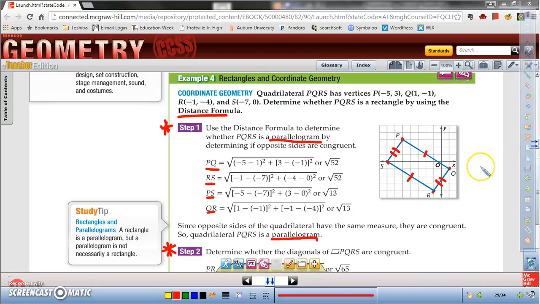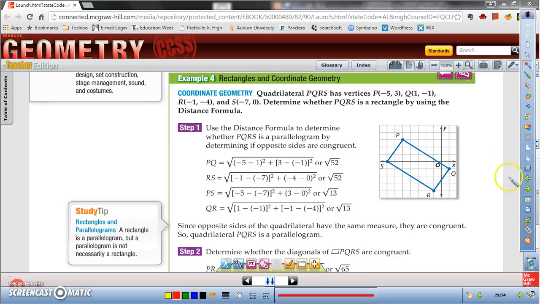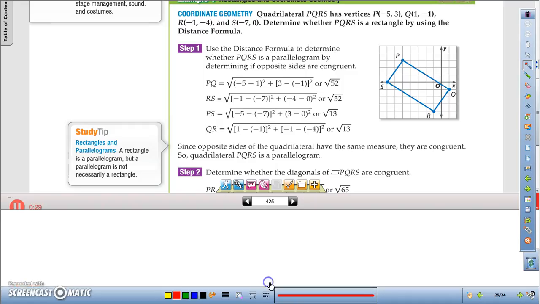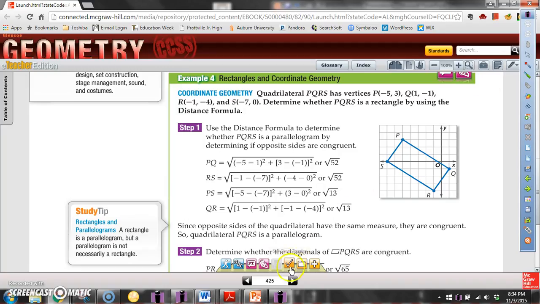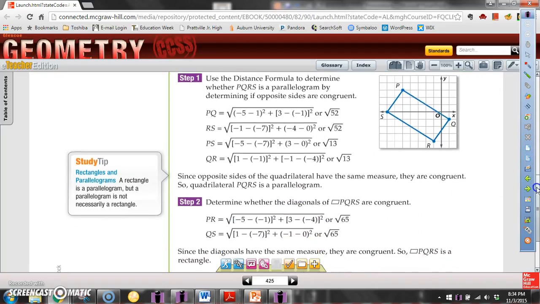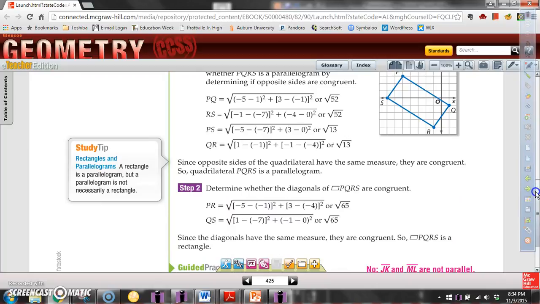And that is that it has 4 right angles, which the coordinates are not going to help me determine anything as far as angles are concerned. And then I also have in a rectangle that the diagonals are congruent. And so that's where my coordinates come in.